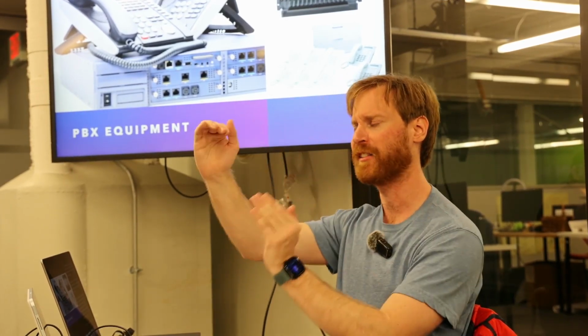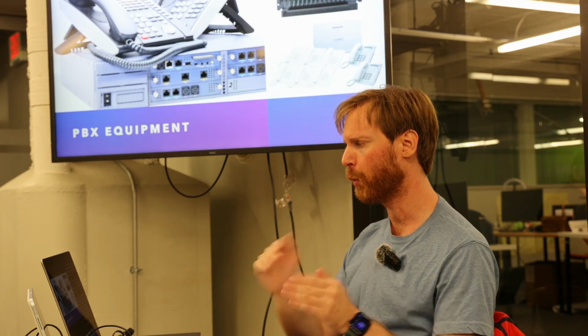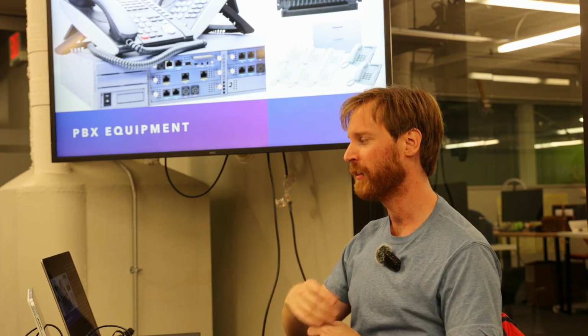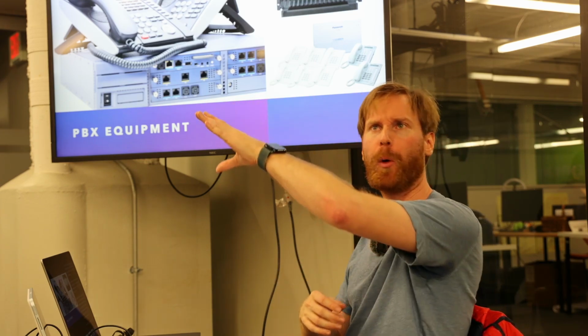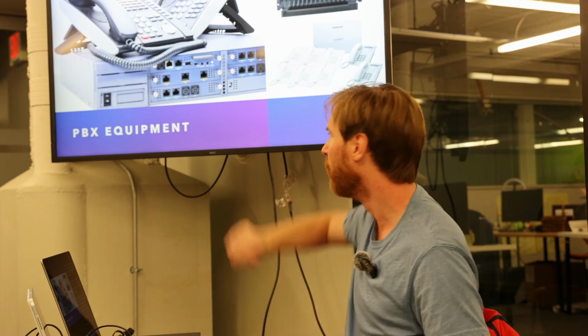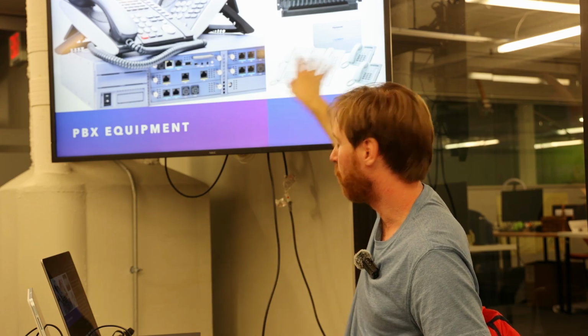So these are in the 80s and 90s, the types of big racks of equipment that you'd put into your business. And say you had a school and every classroom had a phone or two in it, then they'd all plug in through the walls, through the cables that are running across the ceiling here, all the way to one of these big racks. And you'd have all your phone systems hooked in there.